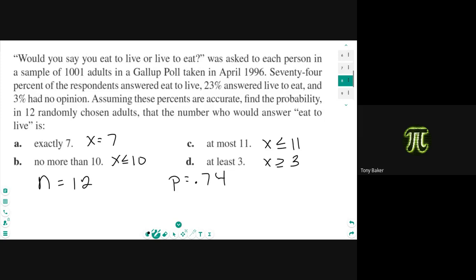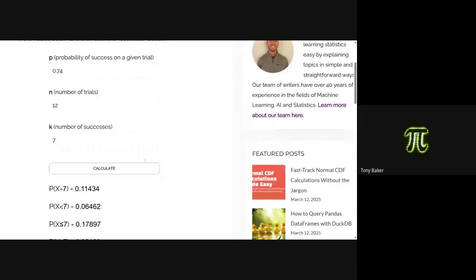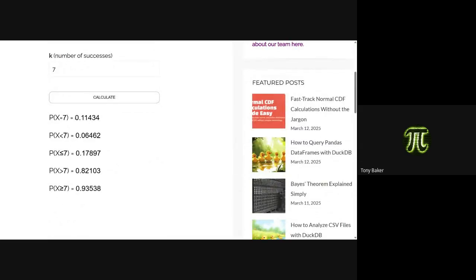All right, so the first one we get was 0.11 for 34, because that was equal to 7, because it was exactly 7. The next one was less than or equal to 10. Yep, so that's there.